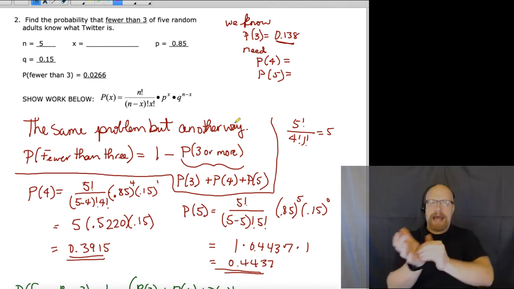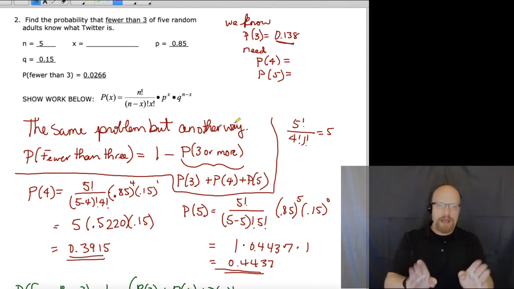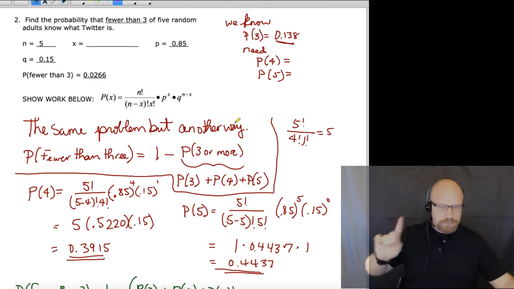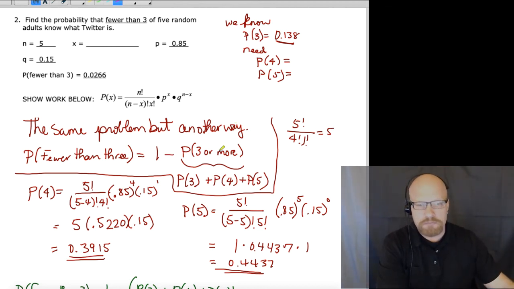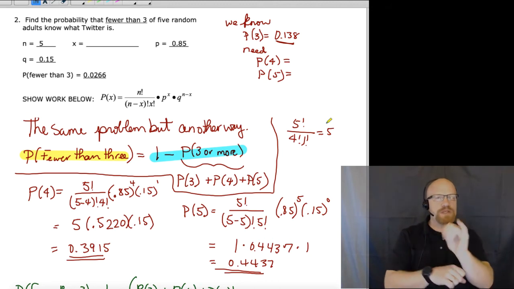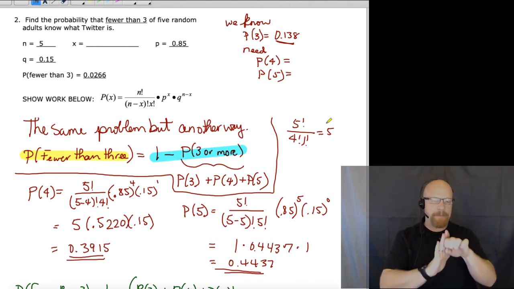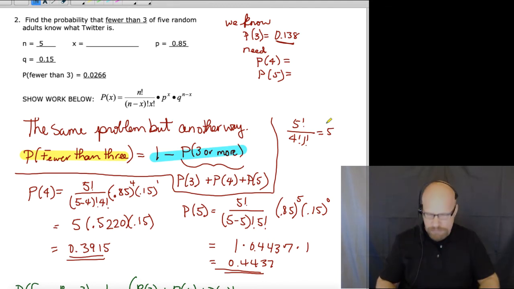Now I did it again, another way. This is something we use to save work. This example didn't save a lot of work.